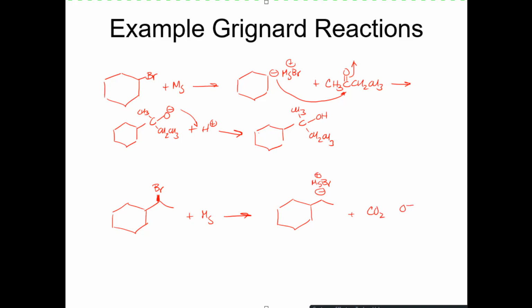CO2 would have the O double bonded to C, double bonded to O. So now that C minus would come in, add to that carbon, and we would end up having a C double bond O minus. That's a deprotonated carboxylic acid, and then we would add H plus to it to then give me the final product.